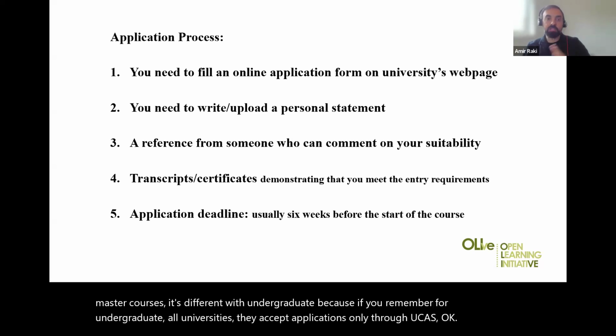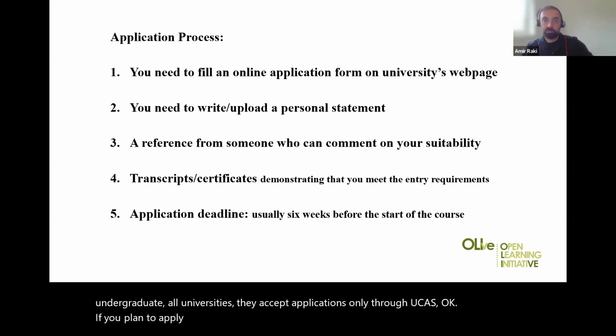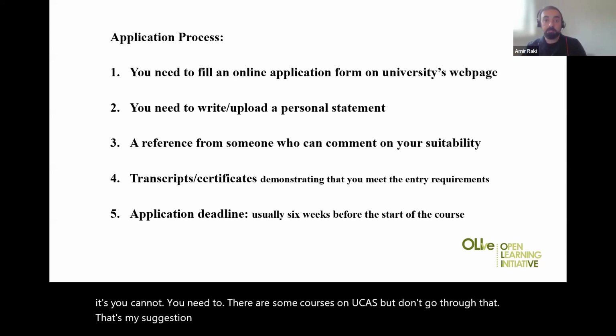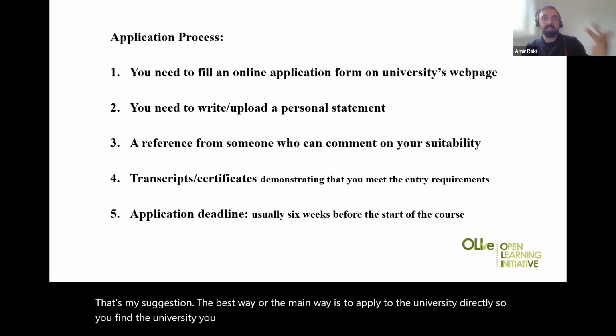If you plan to apply for undergraduate, the only way to do it is UCAS. Whereas for postgraduate, there are some courses on UCAS, but don't go through that. That's my suggestion. The best way, or the main way, is to apply to the university directly. So you find the university, you find the subject, and then you apply.